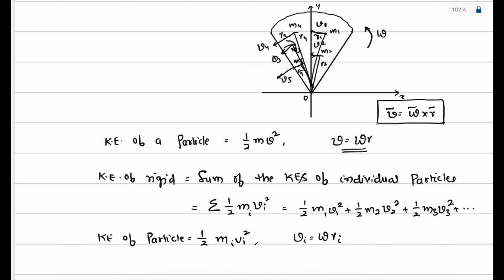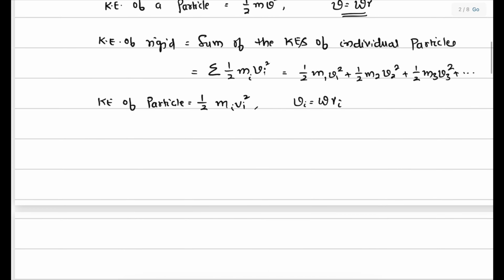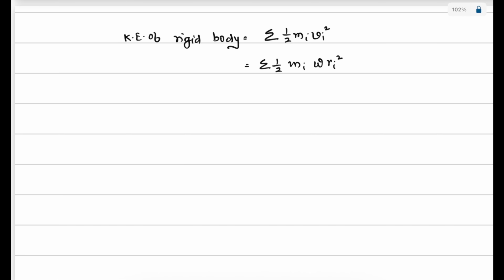Now, kinetic energy of the rigid body is equal to sigma half m_i v_i square, which is equal to sigma half m_i, since m_i is the same and v_i is omega r_i, the whole square, since v_i is equal to omega r.